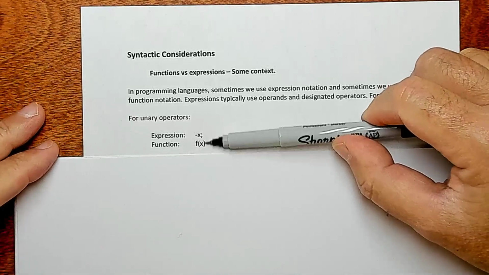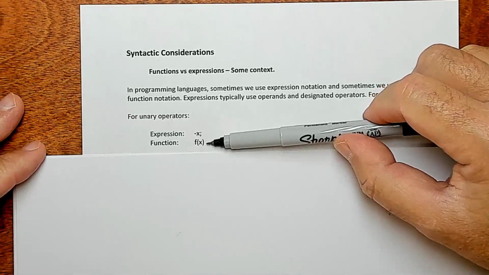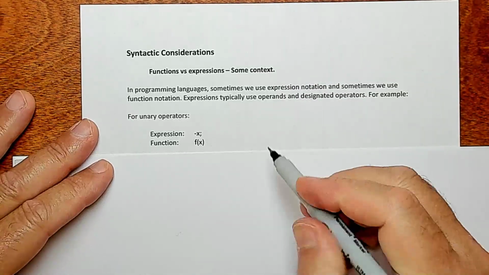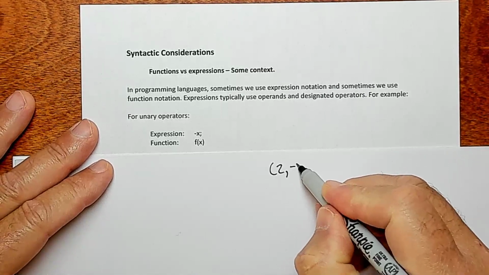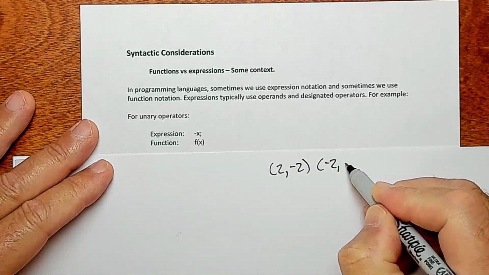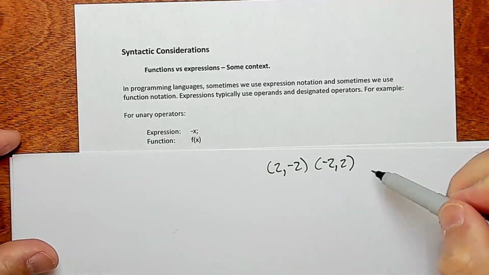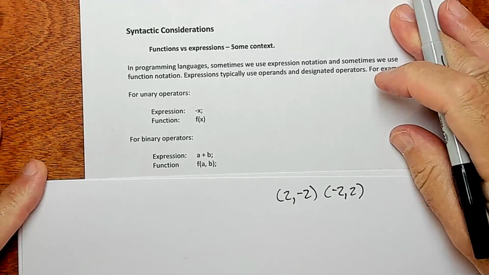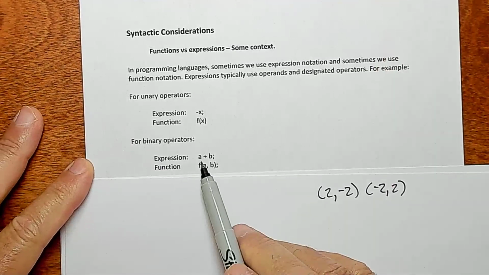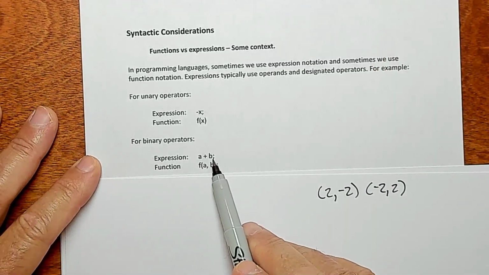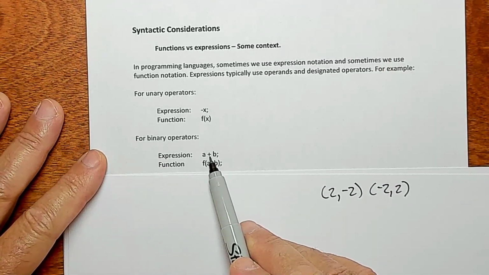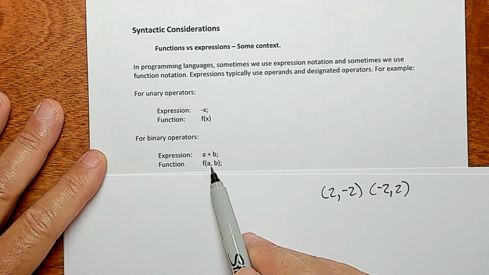So this is a unary operator, which is similar to what we've been talking about. It'd be something like 2, -2 and -2, 2. Okay, so this is kind of to fit what we've been talking about. But there's also binary operators. So here you have 2 operands, A and B, and you have the operator plus. But you can also express that as a function.